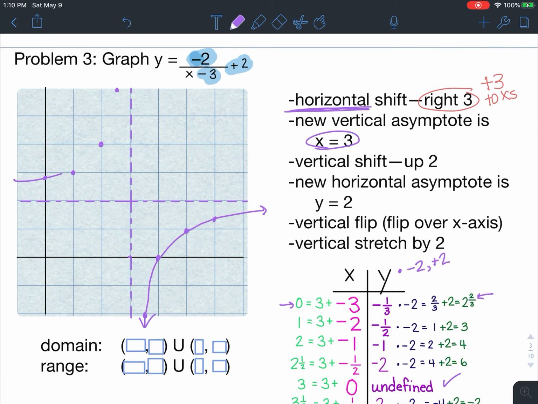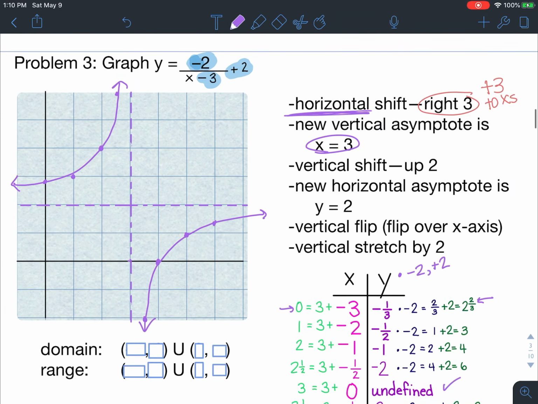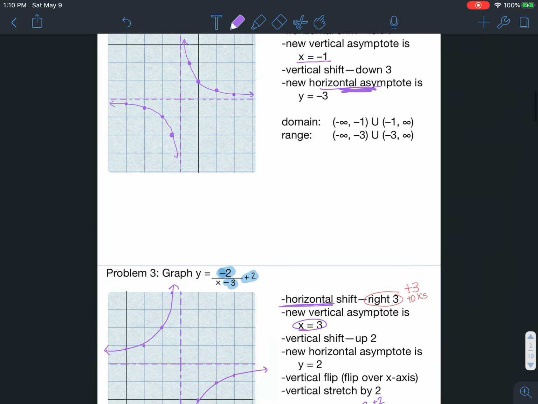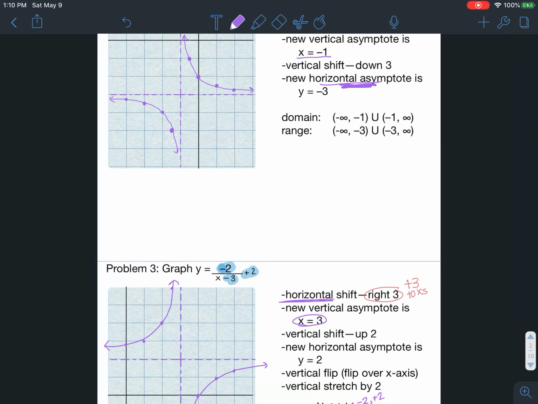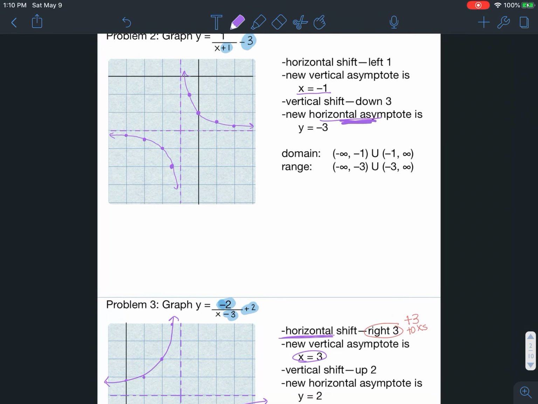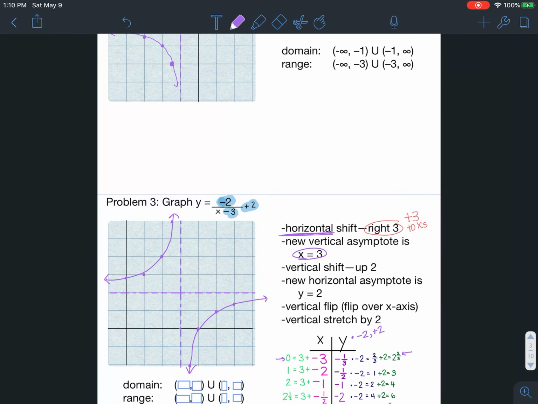So this vertical stretch and vertical flip, this is what they've done. If you compare this to the graph above, do you see the arms of the graph have switched corners? They're in opposite quadrants, like this is sort of in 1 and 3. If this were centered, this is in 2 and 4.